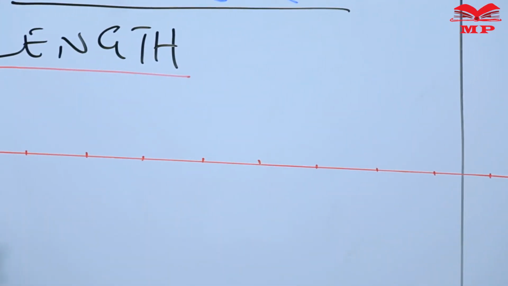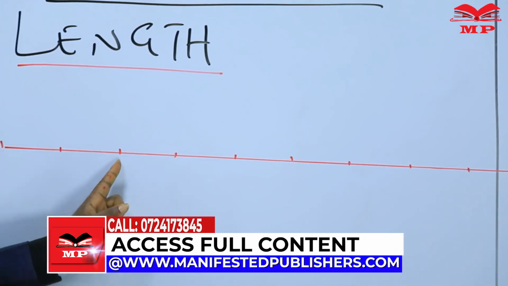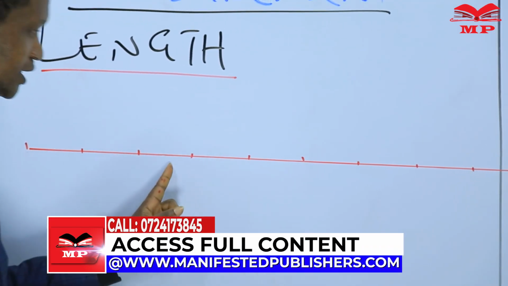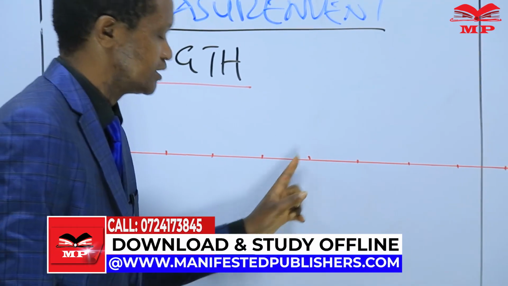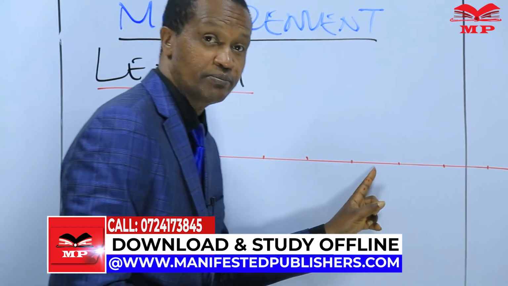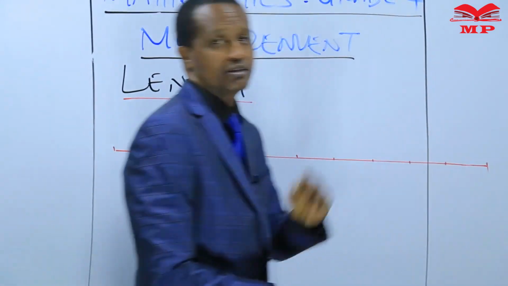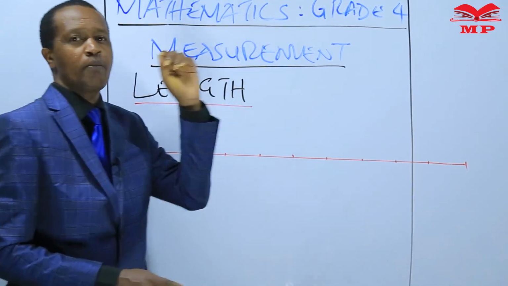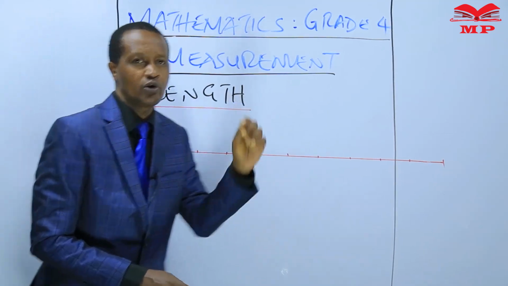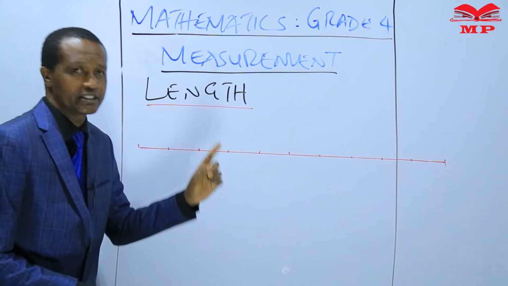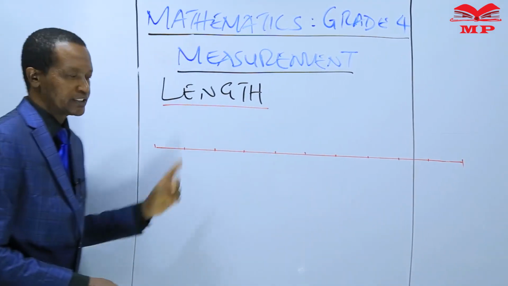From this point to this point is 1 part. From this point to this point is the second part, the third part, the fourth part, the fifth part, the sixth part, the seventh part, eighth part, ninth part, and 10th part.